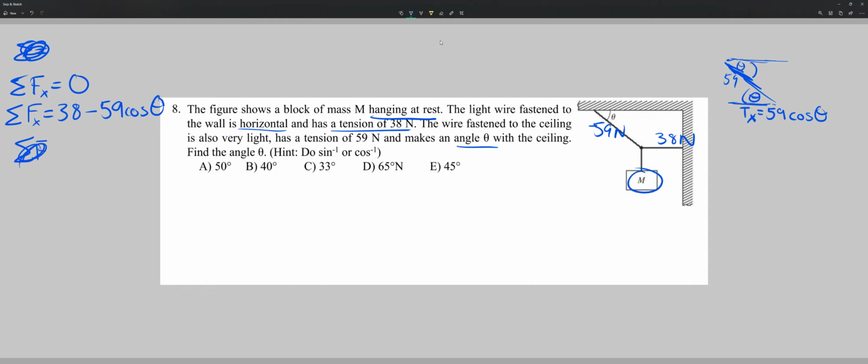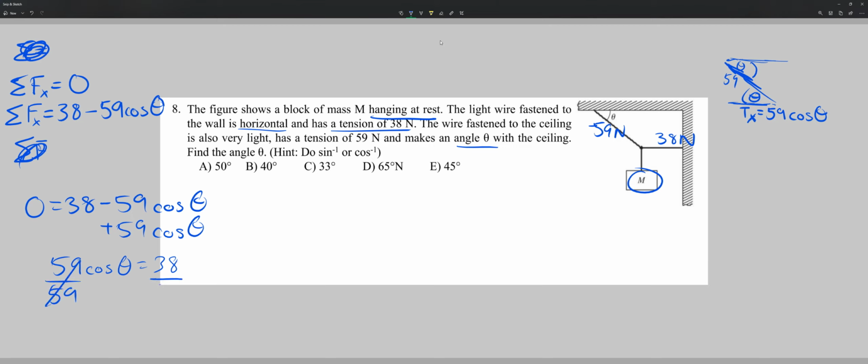So you have 0 is equal to 38 minus 59 cosine theta. I'm gonna add 59 cosine theta to both sides. Well, I took one extra step than necessary, but whatever. It cancels out, and now we have 38.